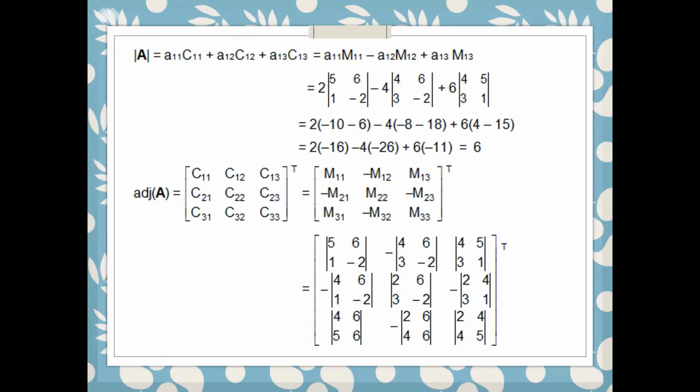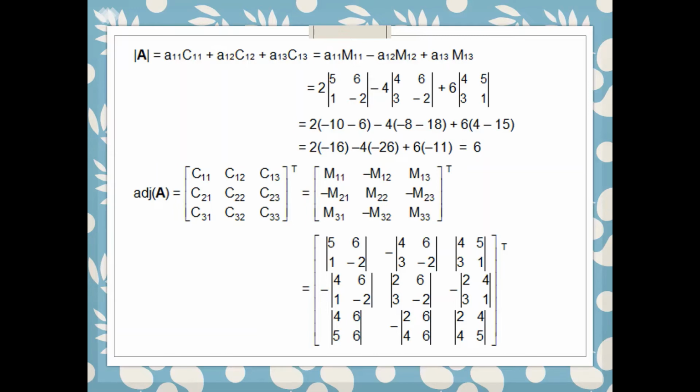Next, find the adjoint of A, which is equal to the transpose of the cofactor matrix, which can also be written as the transpose of the cofactors C11, C12, C13, C21, C22, C23, C31, C32, and C33.